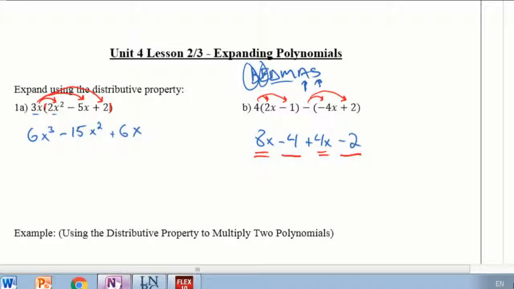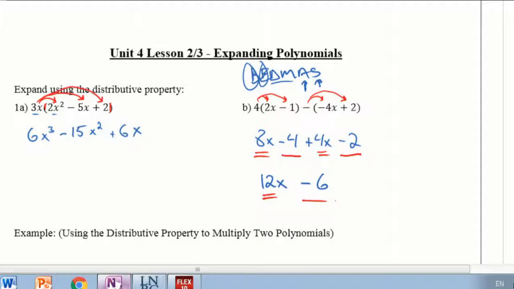So what I'm going to do is exactly that. My 8 and my 4 combined together give me 12 x's. And then I have -4 and -2 gives me -6.